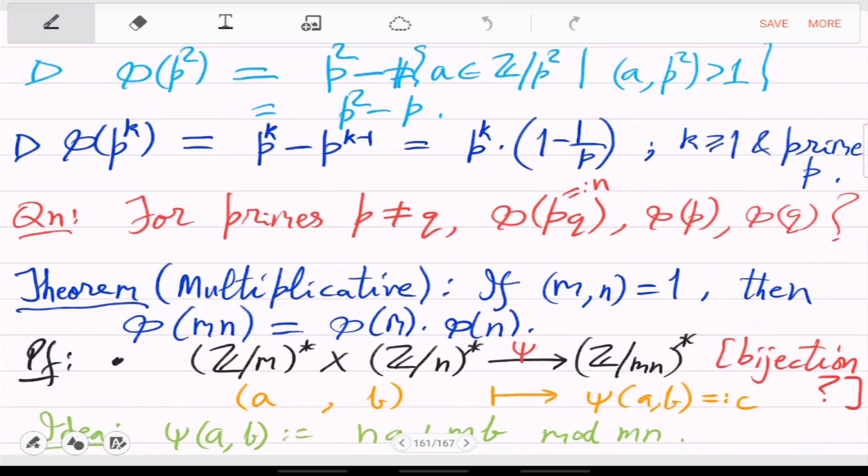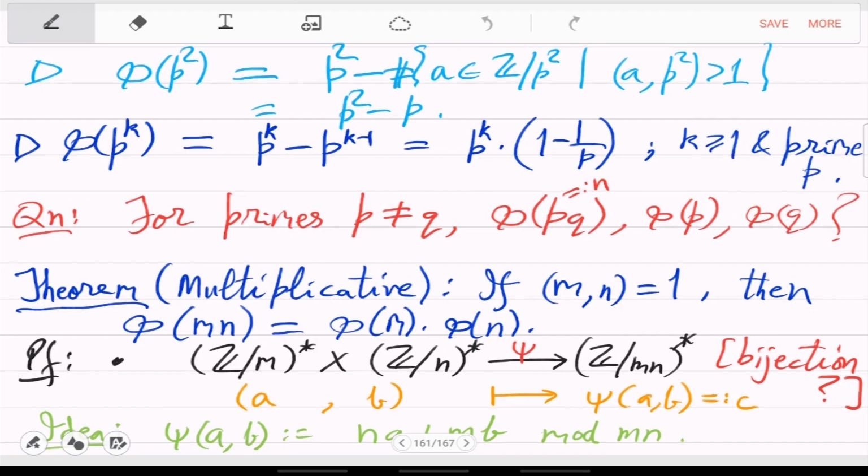When, for example, we calculated phi of p square, by the first step of inclusion exclusion, we said that you just look at the complement. So p square minus the number of numbers that share a factor with p square.